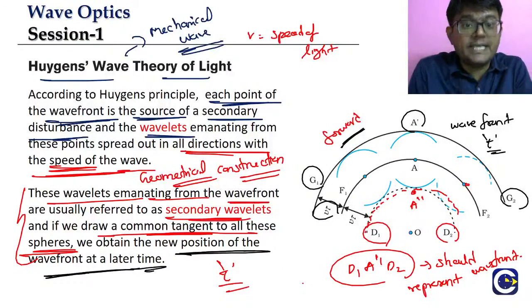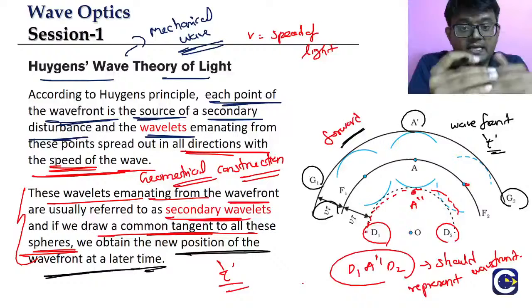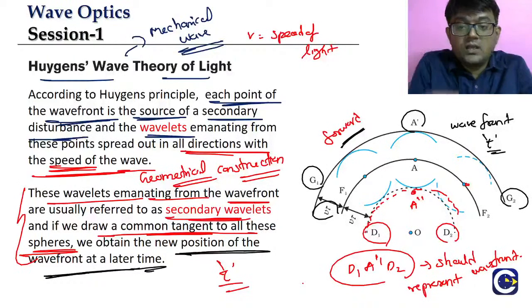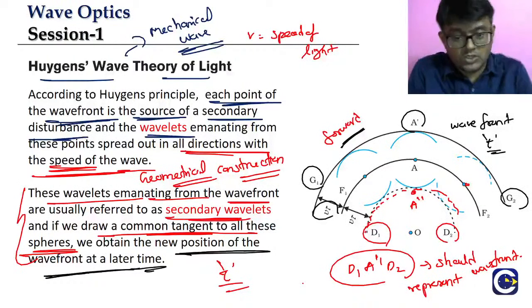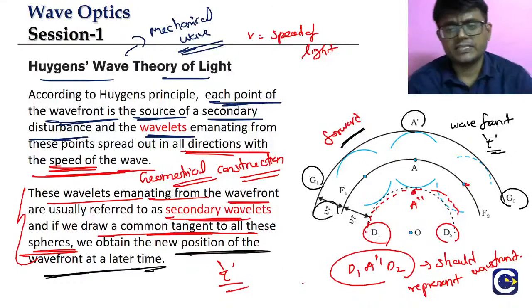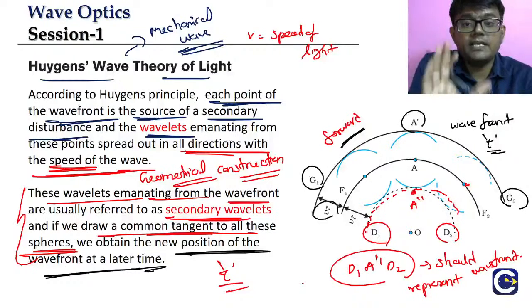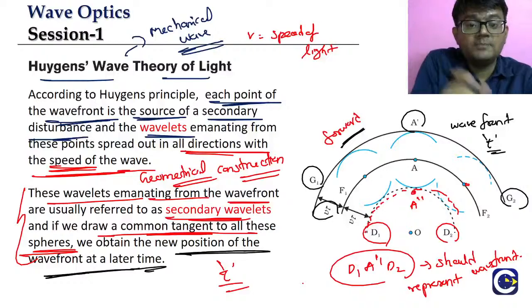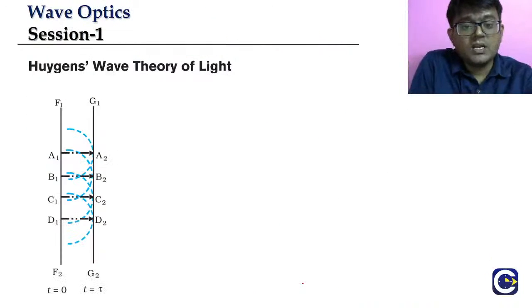He has omitted the idea of the secondary wavelets forming a wavefront in the backward direction also. We'll talk about it as we go into the discussion. So this is how we'll be able to create the position of the wavefront after some time in case of the point source.